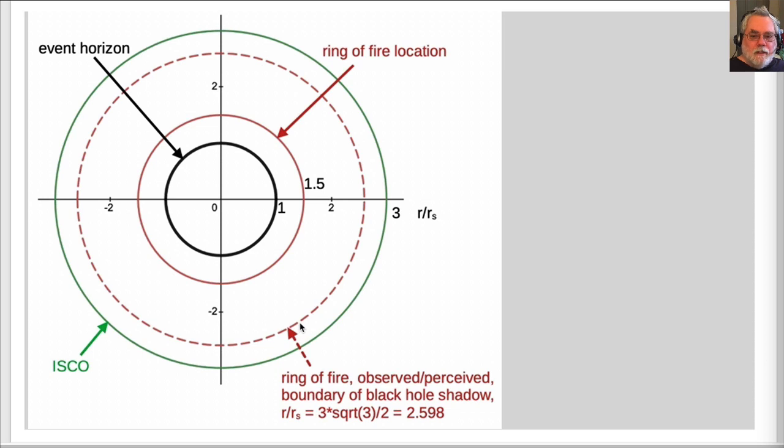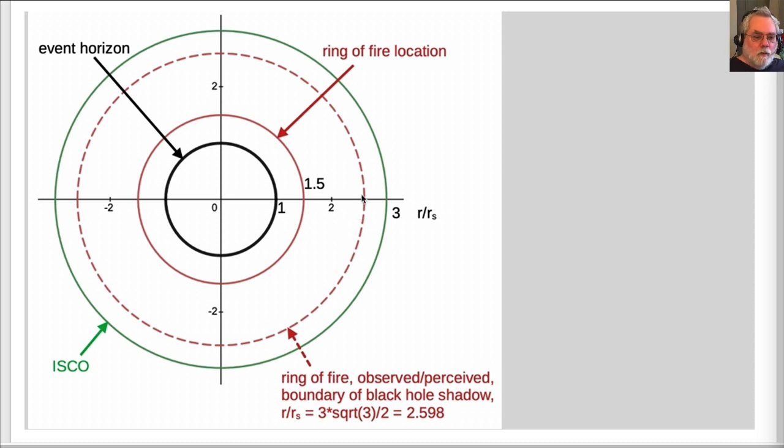This is close to the ISCO at 3 Schwarzschild radii, but there is a gap, which will appear black. So 1.5 is the actual ring of fire location. 2.598 is where an external observer will perceive the ring of fire photons as coming toward them.